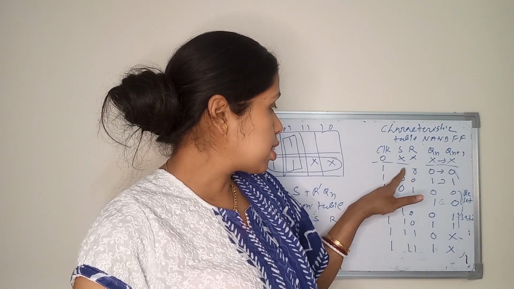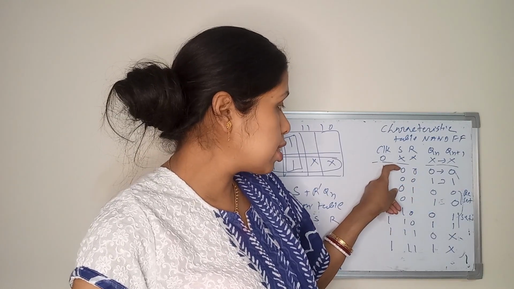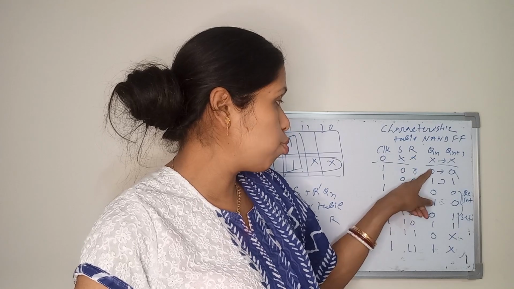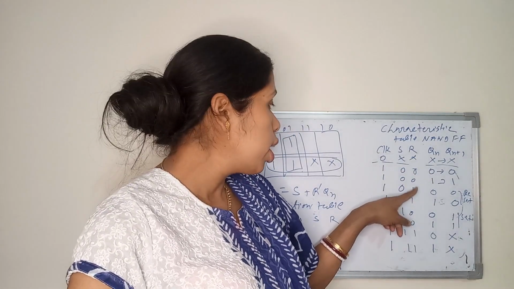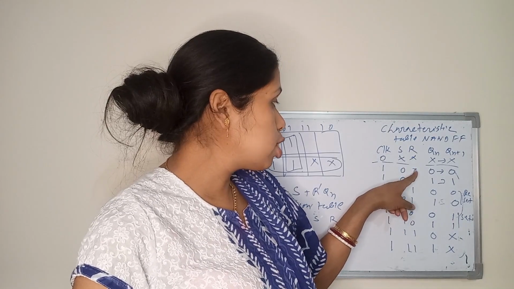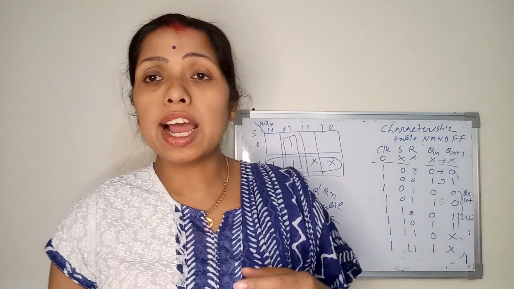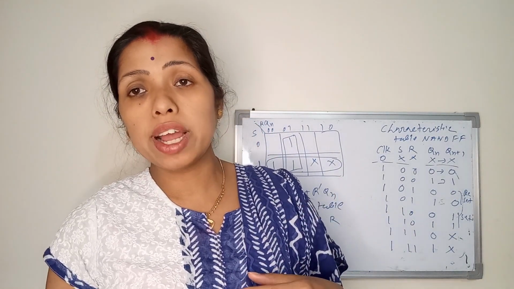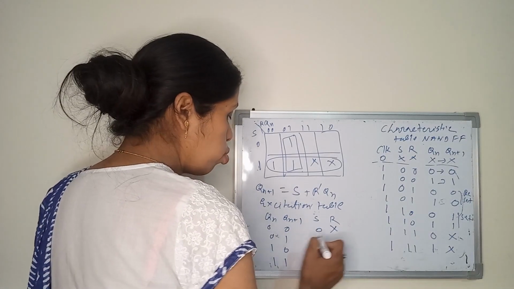In this case it is S R 0 0, but in this case S R is 0 1. That means my S is constant but R is changing for these two combinations, these same 0 0 combinations. So R is 0 here, R is 1 here, so I can write it as either 0 or 1. So I can write that as an X. So 0 0 means it is 0X.